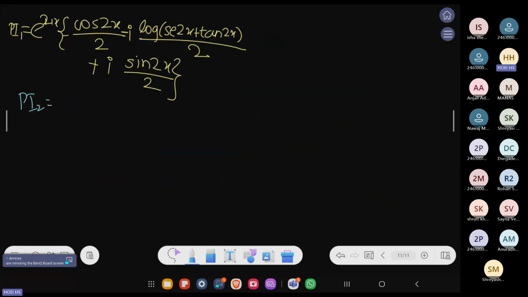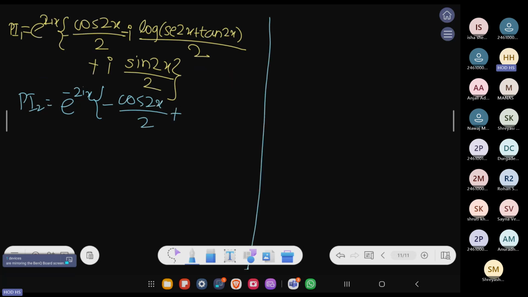So by looking at the above solution, I can write down the PI2 as e to the power minus 2ix. Here there is no i, so minus cos 2x by 2. Then here there is i, so plus i times log of sec 2x plus tan 2x by 2.